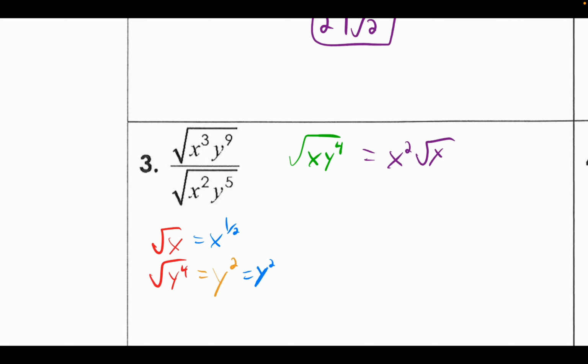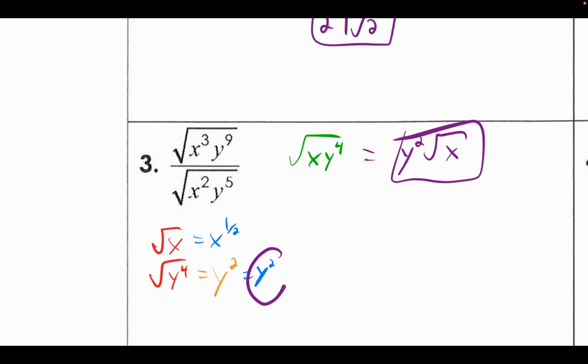That's better. And then in the purple, I made a mistake too. Ah, what a chaotic problem for me. All right, let's try this again. Y squared times the square root of x. That would be correct, because this is the y squared that goes outside the radical. This is the 1/2, so it's x to the first underneath the radical, the root of 2.